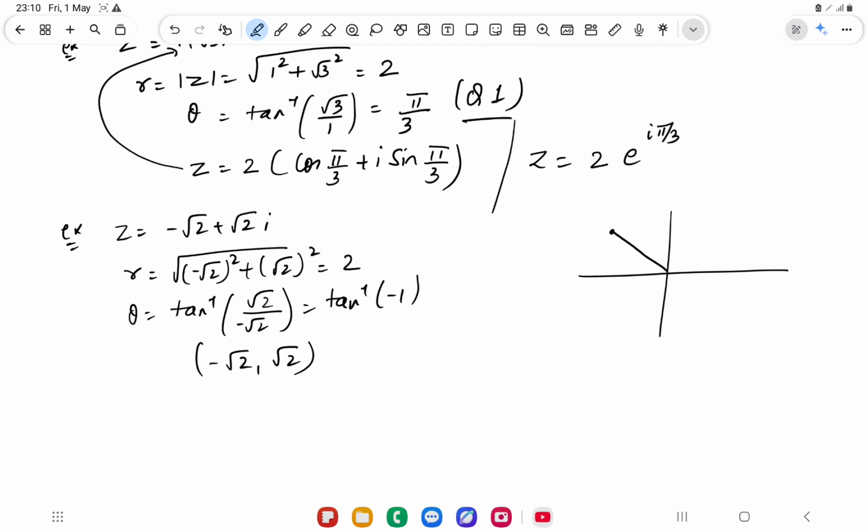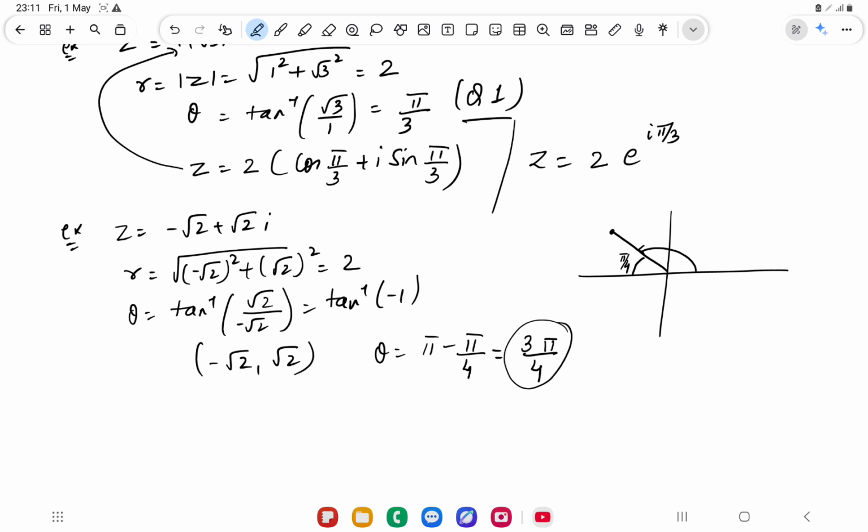It means tan is 1 at pi by 4. So I have calculated this angle as pi by 4. But my argument is always with respect to the positive x-axis. So my angle will be pi minus pi by 4, which is nothing but 3 pi by 4. So this becomes my theta.